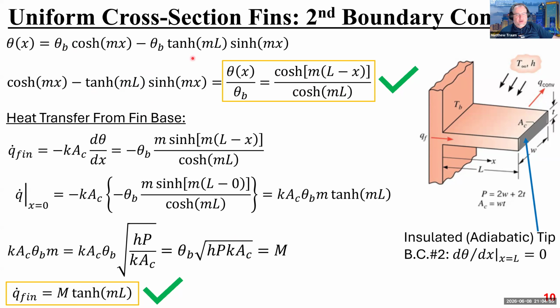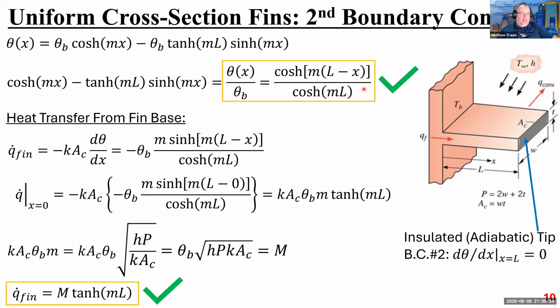And so that equals, right? I pull theta b out from both of these terms because it's the same theta b coefficient. I just divide both sides by theta b. And so I end up with this ratio of theta at any x to theta b is equal to hyperbolic cosine m quantity L minus x all over hyperbolic cosine of ml. And I checked in the book and AI agrees with me, so I get the green check mark. So yay, good for me.